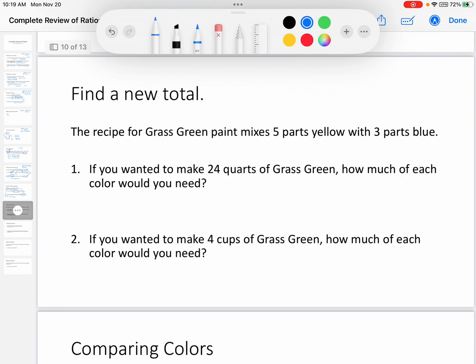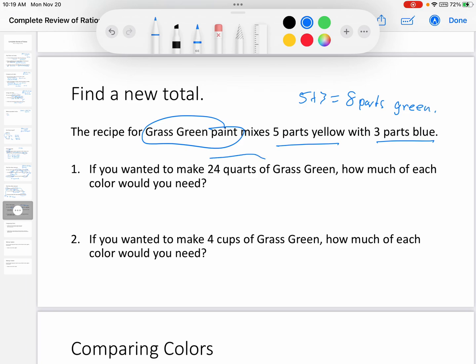Next, find a new total. All right, this is green paint. 5 parts yellow, 3 parts blue. 5 plus 3 makes 8 parts green. All right, this is 24 parts of green. So we're going from 8 to 24, which is times 3. So what are we going to do?